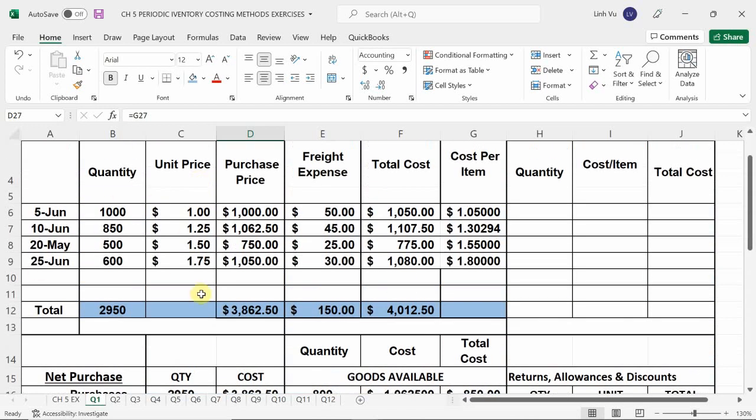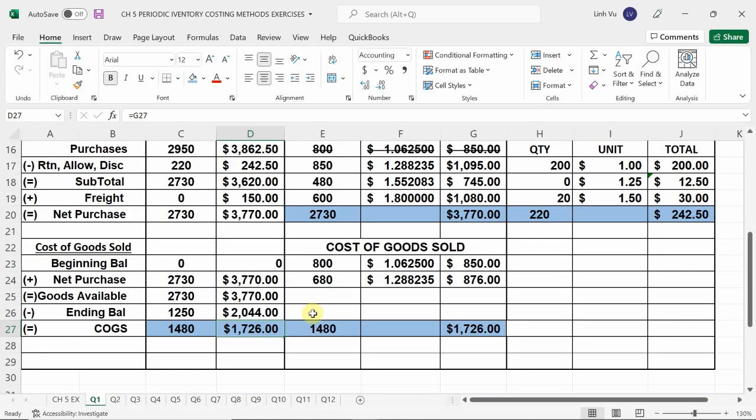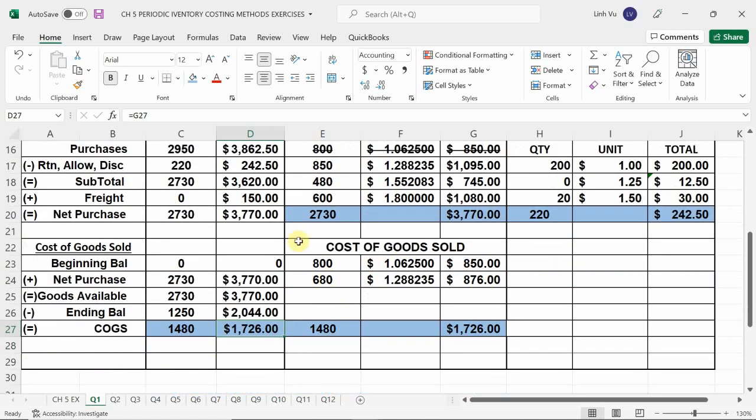So again, if you want to build your ending balance table in here and rack up what you still have available, you can also do that. Or if you want to, you can even change your cost of goods sold or your goods available right here if you'd like to. But again, it's a cell reference, so that's not a good idea if I change this section. You can create a table if you'd like to get your ending balance.